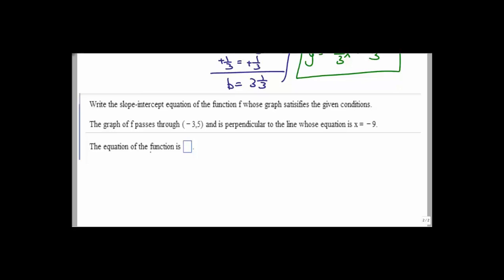Now they use the word function here, and we need to keep that in mind when we get to the end. So slope-intercept, that's y equals mx plus b. Now the equation of the function, we denote as f of x. So when we get done, instead of the y, we're going to have f of x for our solution equals mx plus b.